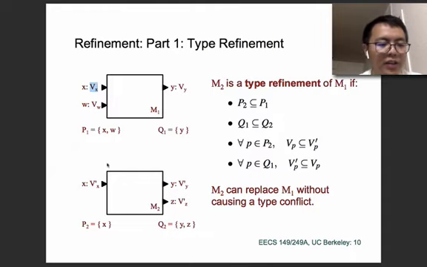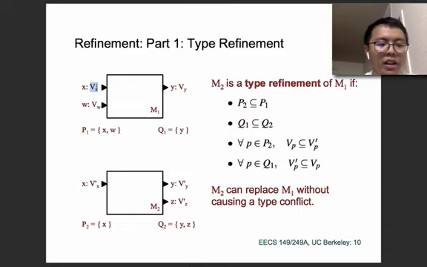So the idea is that because we know M1 works fine with all of V sub X, if V sub X prime is bigger, it is harmonious, right? It contains all the possibilities in V sub X. So it's harmonious.